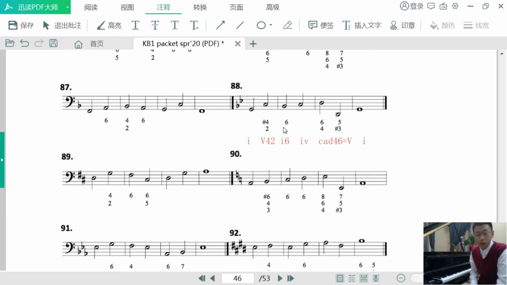Another option that we can use, that we studied: if I want to make a more interesting melodic line, I can leap the fifth of the 5/4/2 chord up a perfect fourth. 1, 5/4/2, the fifth moved by a perfect fourth.